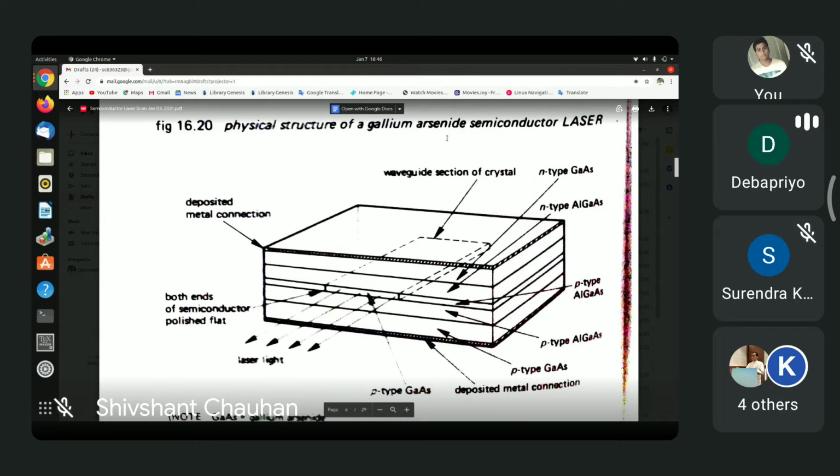You see there are many layers, at least 5 layers you can see. At the top you have a metal deposition, and similarly at the bottom also you have a metal deposition. These are meant for electrical connection to the battery.